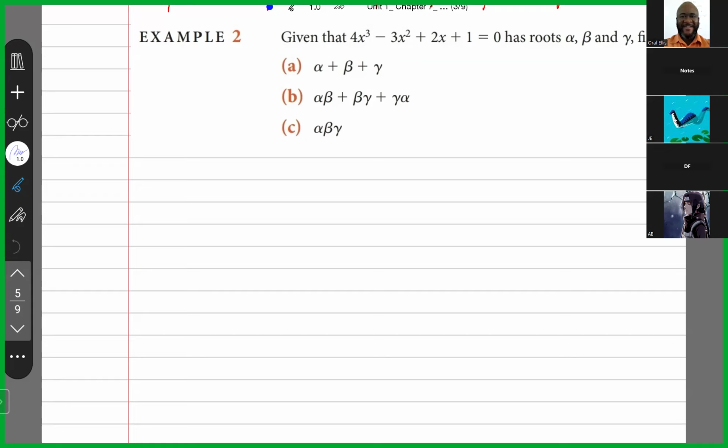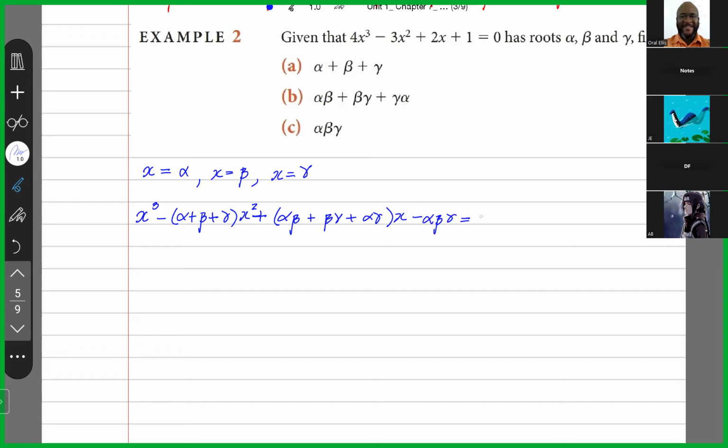Now, here's what we went through earlier. Earlier, we said that if the roots of a cubic equation are known, so the roots are known to be x is equal to alpha, x is equal to beta, and x is equal to gamma, the equation with an x squared coefficient of 1 is going to be x cubed minus the sum of the roots, alpha plus beta plus gamma, x squared, plus the product of the roots two at a time, alpha beta plus beta gamma plus alpha gamma, x, minus the product of the roots, which would be alpha beta gamma.